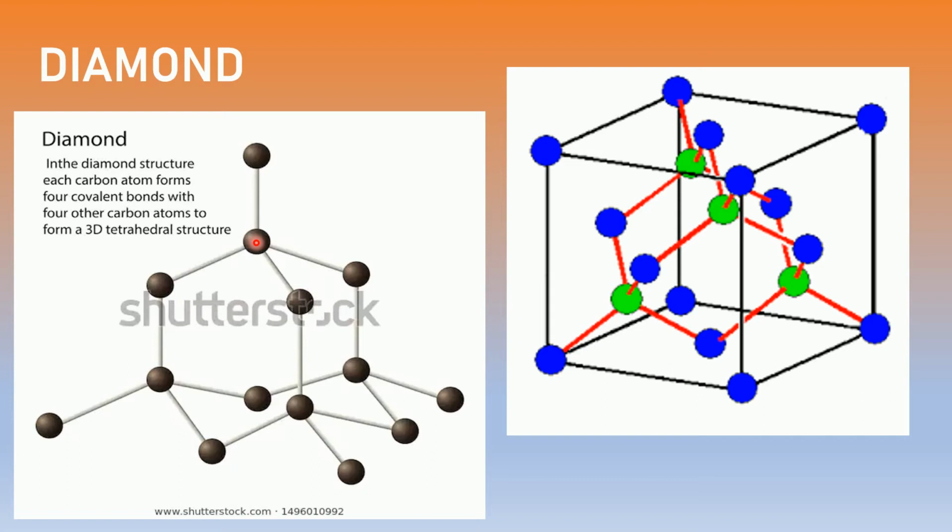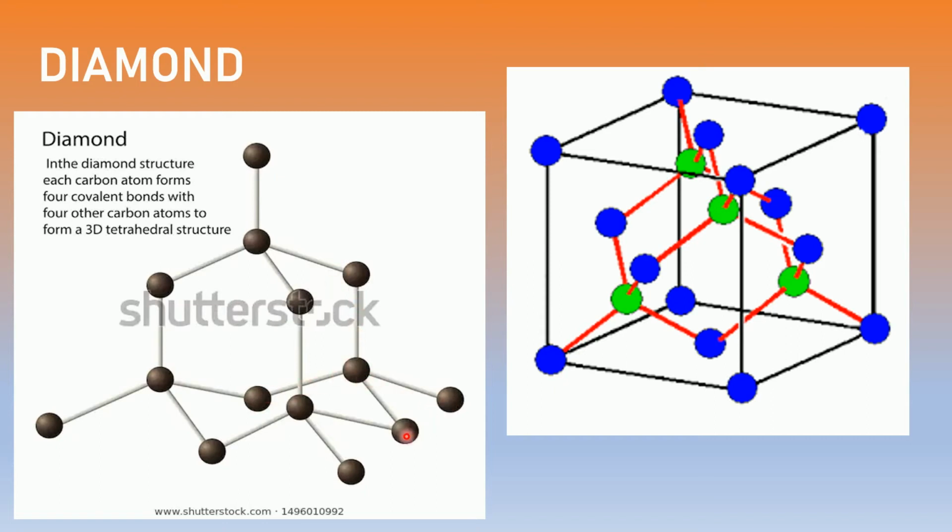Each electron of one carbon will be shared by another carbon. So 4 electrons of one carbon will be shared by 4 different carbons, which in turn will be linked to another 4 carbon atoms. Am I clear? Thereby, they form a tetrahedral structure.